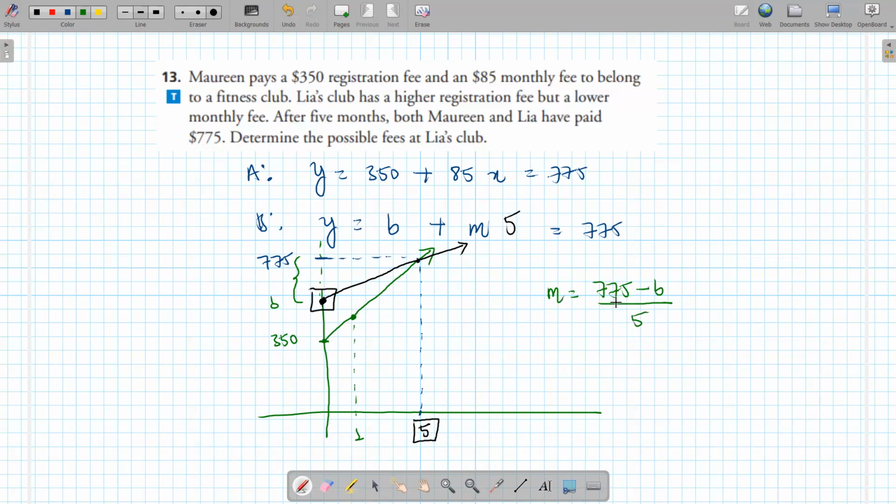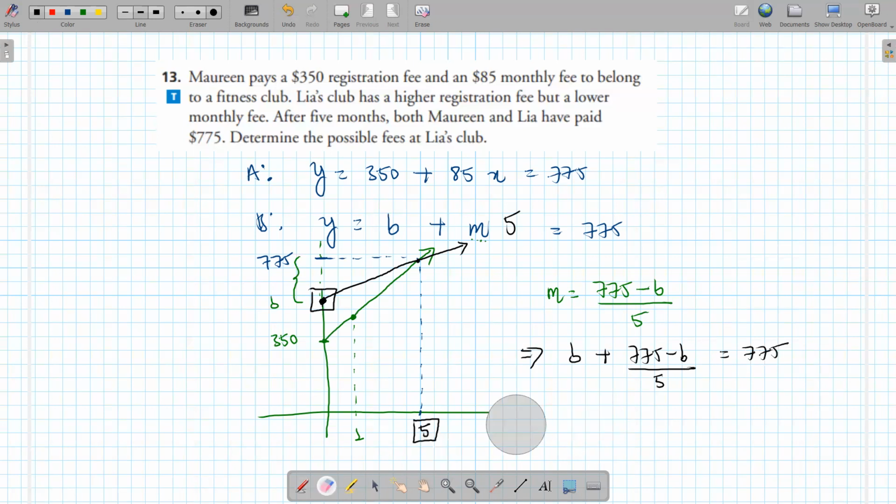So we're going to plug this in here. See M? We're going to plug that in there, and that is going to give us the answer for B. This is definitely a tricky question, actually, it turns out. So B stays B, plus M becomes (775 minus B), rise, divided by run, equals 775.